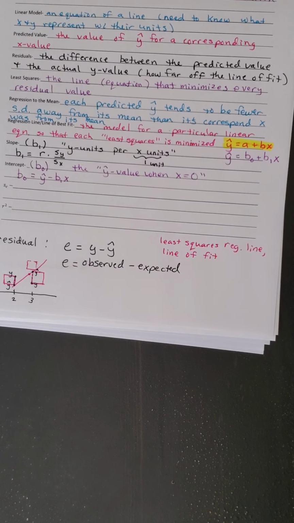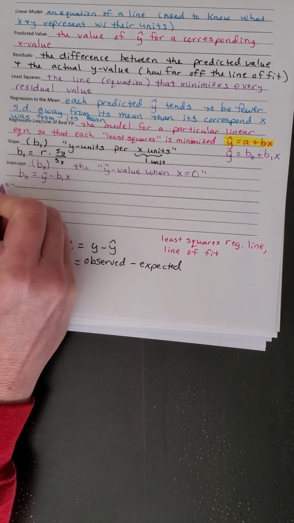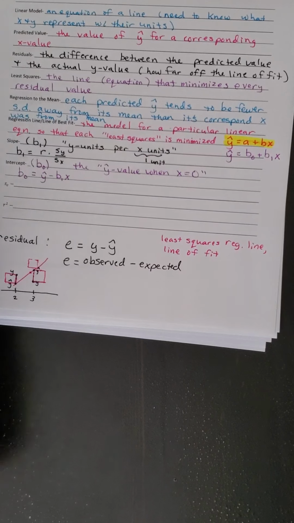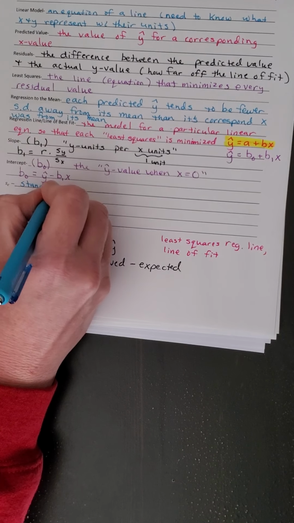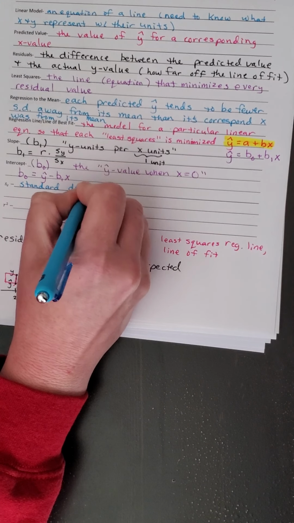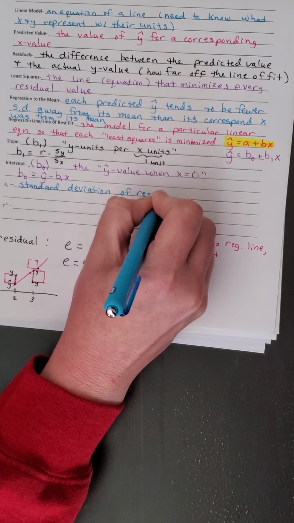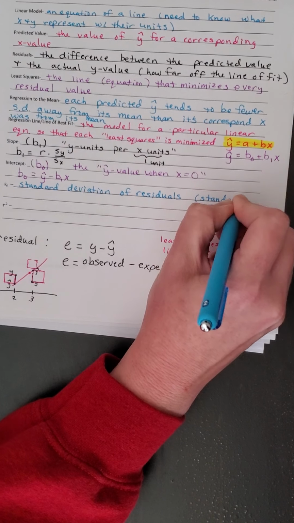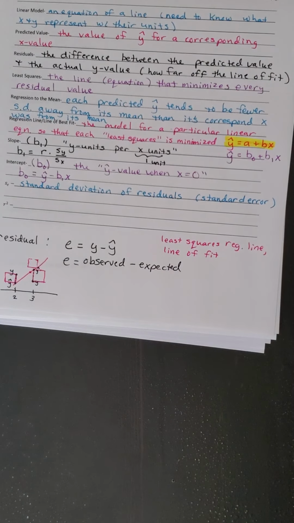And the standard deviation of the residuals, we call that the standard error of the residuals. The standard deviation of residuals is also called the standard error of the residuals.